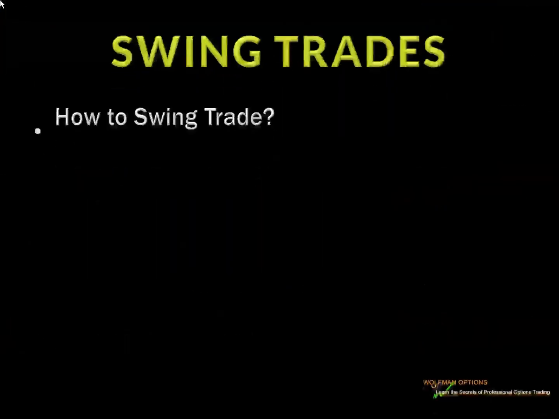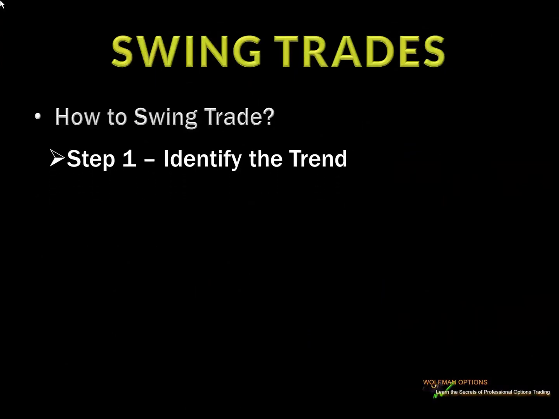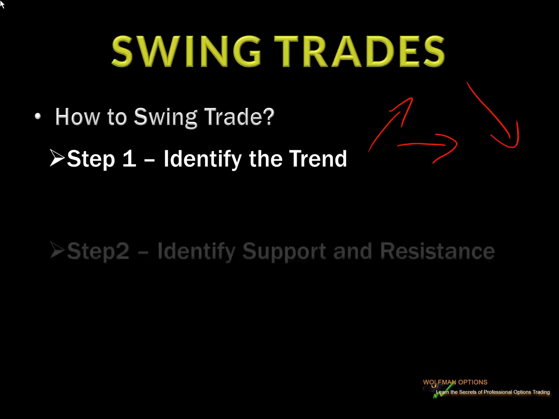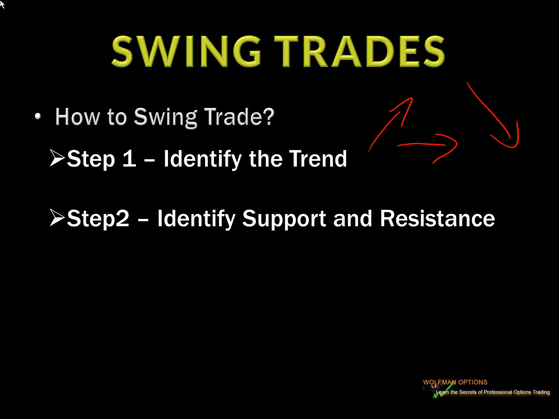But ultimately, when we're looking to learn how to swing trade, the first thing we have to identify is that trend. And that is ultimately, are we going up, down, or sideways, right? That is the overall trend. And then we need to find those support and resistance areas, right?